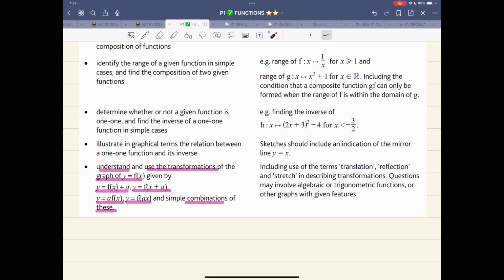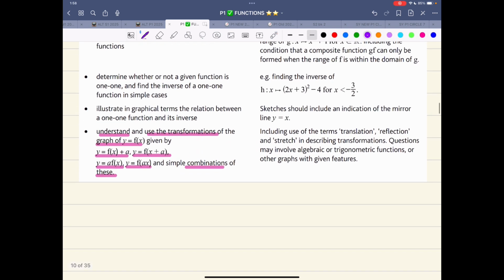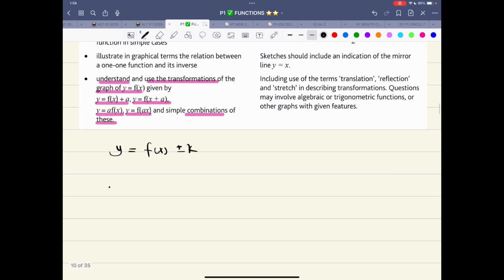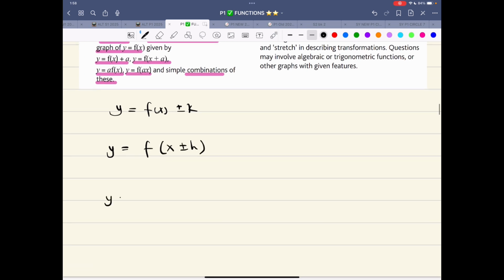They missed out reflection, but then they covered it up over here. So basically they should have written it like this. If I were the examiner, I would write it like this. y is equals to f(x) plus minus k. That is how I explained it. y is equals to f bracket x plus minus h. That is horizontal translation. y is equals to a of f(x). y is equals to f of ax. These two are stretch.